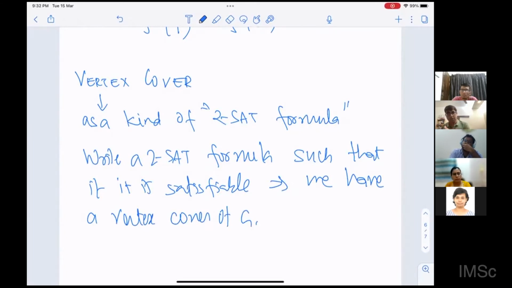Important point: no size constraint. If it is satisfiable, it has some vertex cover of some size, I don't care. Can you write a two-SAT formula like this?